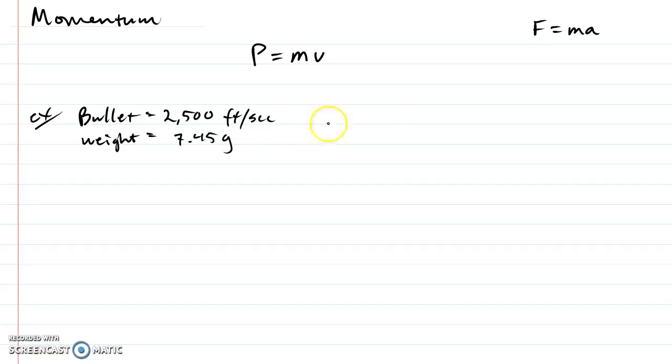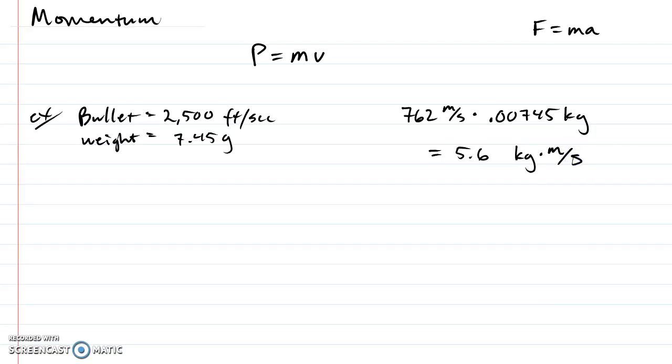If I convert feet per second into meters per second, that's about 762 meters per second. I multiply that by the weight, which in kilograms is 0.00745 kg. When I calculate that out, I get 5.6. That's my momentum. The units are kilogram meters per second.